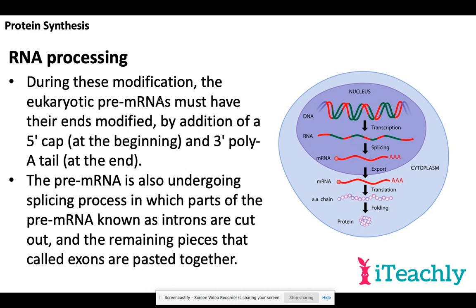If you've ever read a blog for a recipe and there's all that gobbledygook at the beginning, and you're like, okay, this is a great story, but I don't really need it. It's not essential for the recipe. That would be the introns. The exons are what's left. The exons are what's pasted together, and that's the essential recipe. So we put on this poly-A tail, we put on a cap, so we dress it up, and we get rid of what we don't need so we look nice and pristine and crisp.